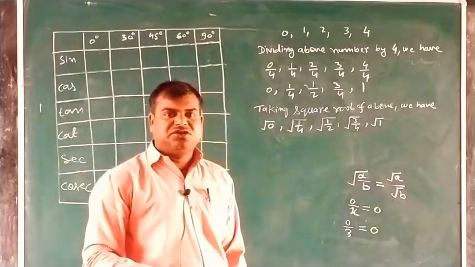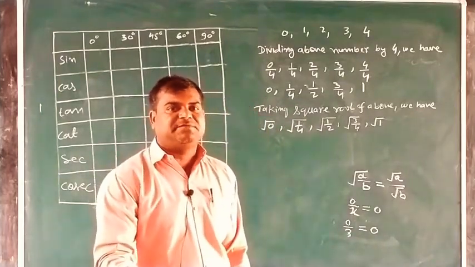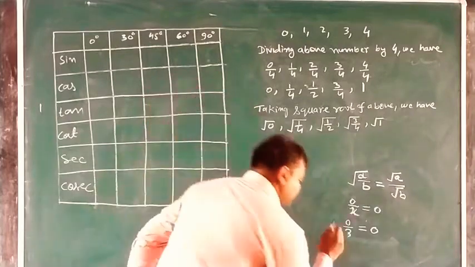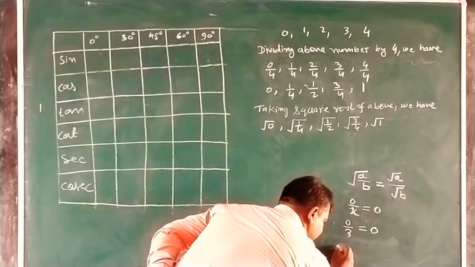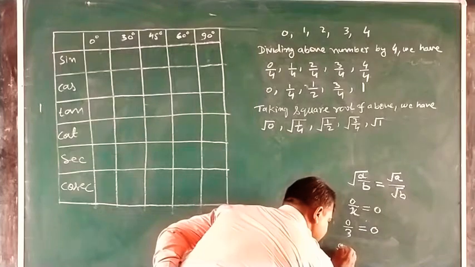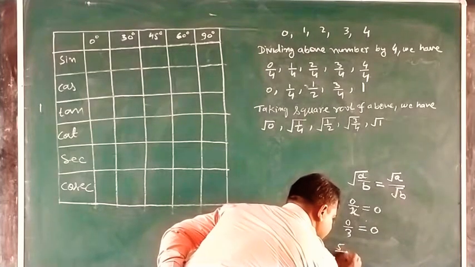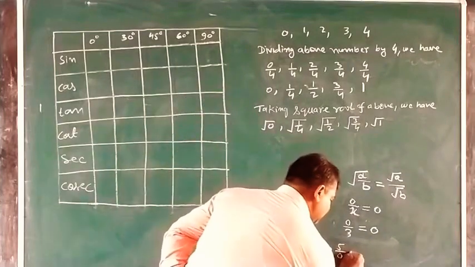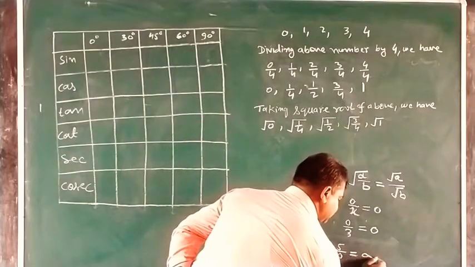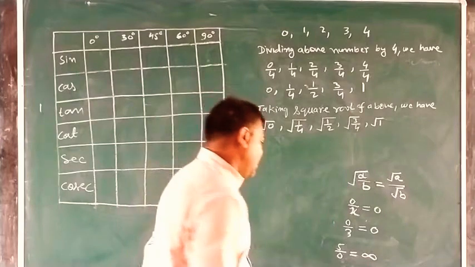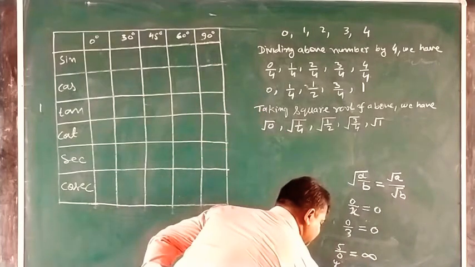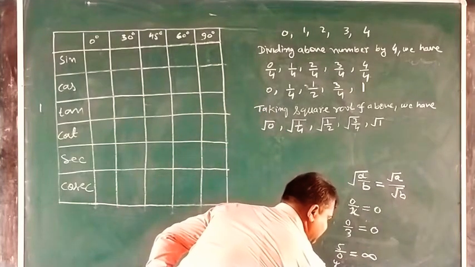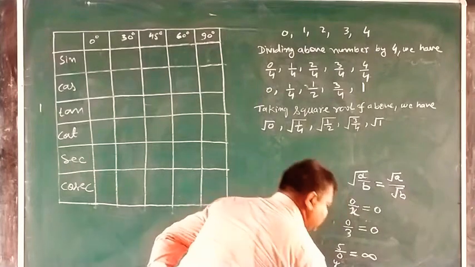And one more thing, if the denominator is 0 and the numerator is any number except 0, like 5 by 0, then its value is infinite. Or if y by 0, then its value is also infinite.